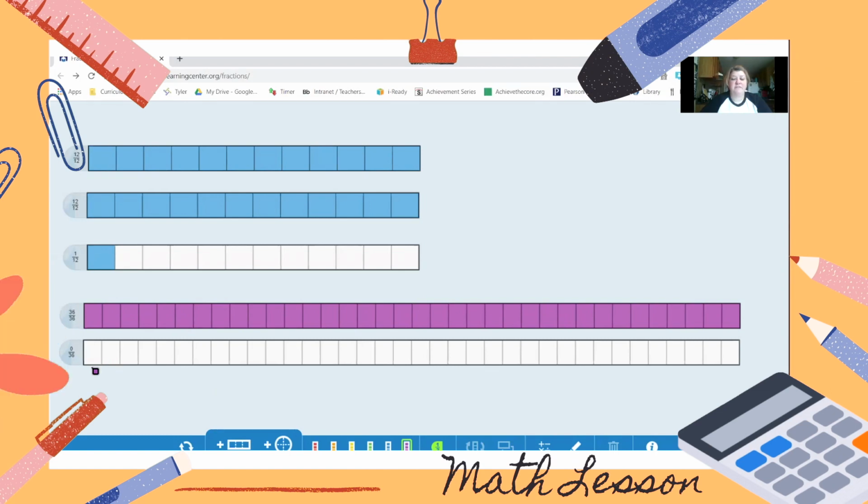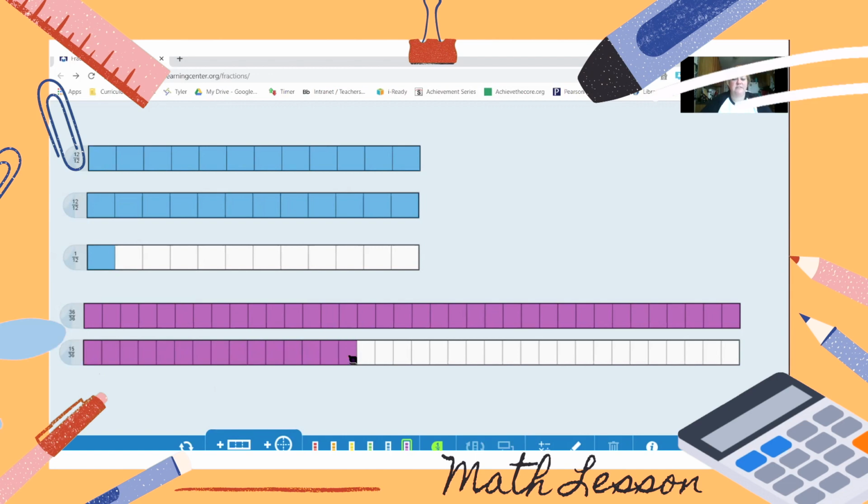And he had 15/36. 1, 2, 3, 4, 5, 6, 7, 8, 9, 10, 11, 12, 13, 14, 15 out of 36. Now he had already read one whole book. He had read this whole book.